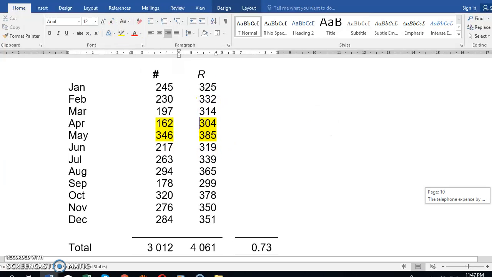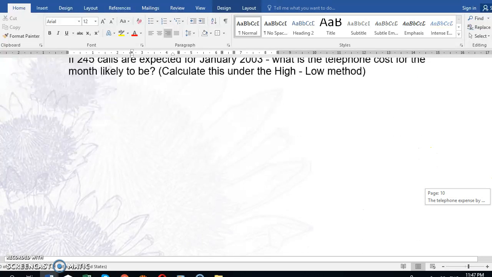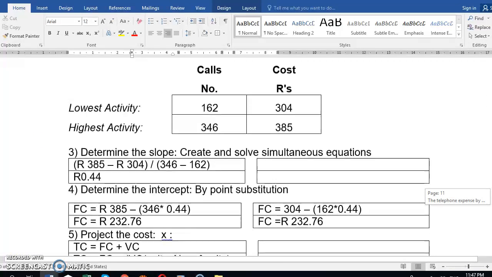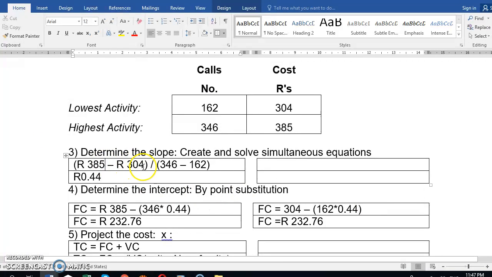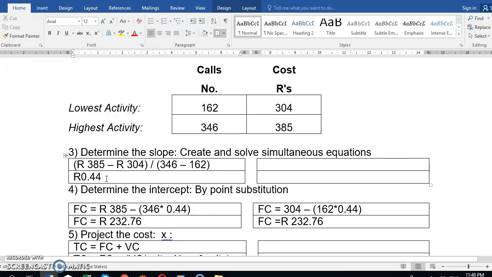To apply that formula, we take the difference in cost, 385 minus 304, divided by 346 minus 162. In mathematical terms that gives us the gradient, but it effectively gives us the variable cost per unit.